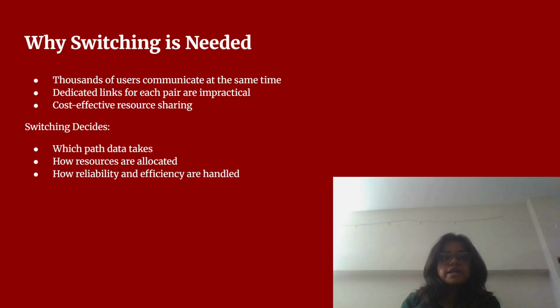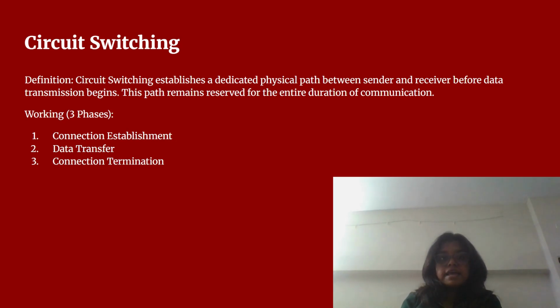Now, for example, let's take Ria, who wants to talk to her grandmother using a landline phone. She dials the number, and before any voice is heard, the telephone network creates a private path connecting both phones. This path is reserved only for them. No one else can use it.